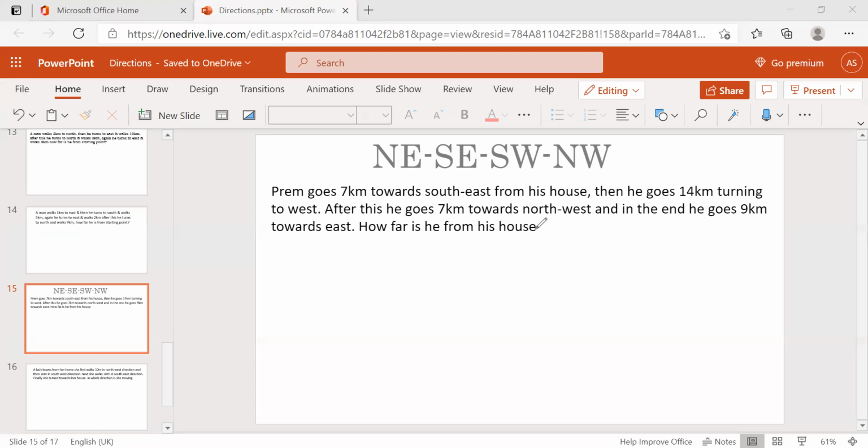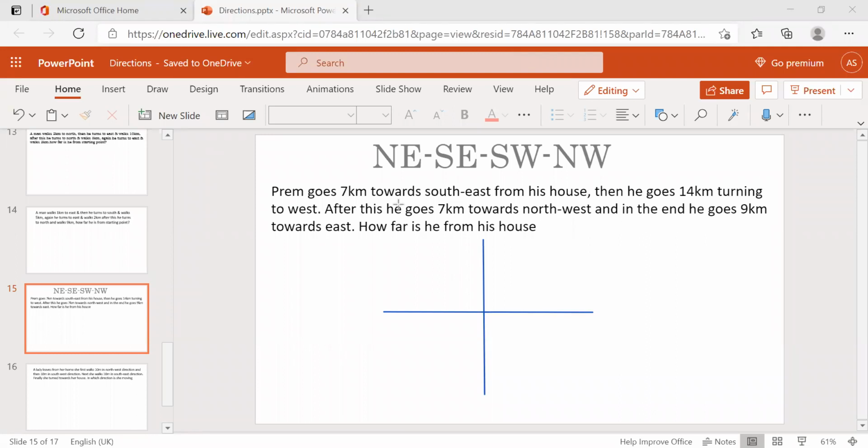Okay, now how are we going to draw this? For better understanding, just draw the first four directions.